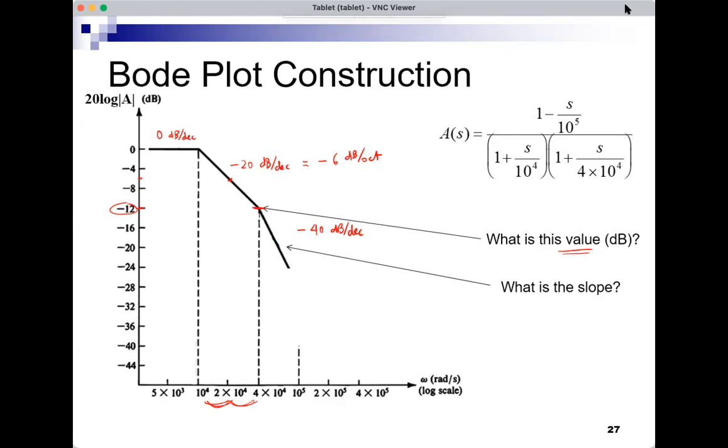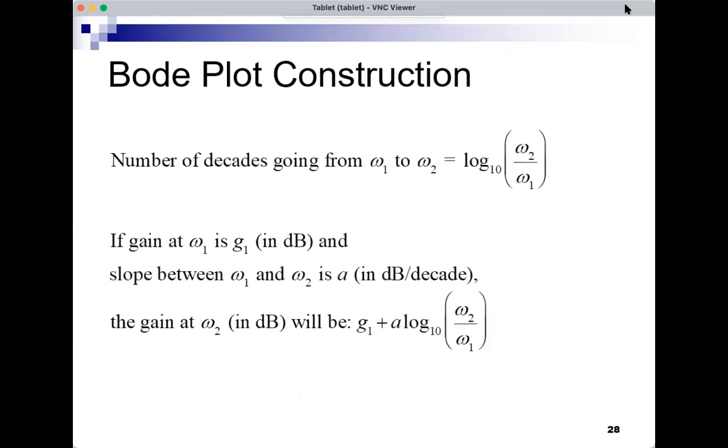Well, let's see. What is the number of decades going from a certain frequency omega 1 that is smaller than another frequency omega 2? The number of decades going from omega 1 to omega 2 is log base 10 of omega 2 over omega 1.